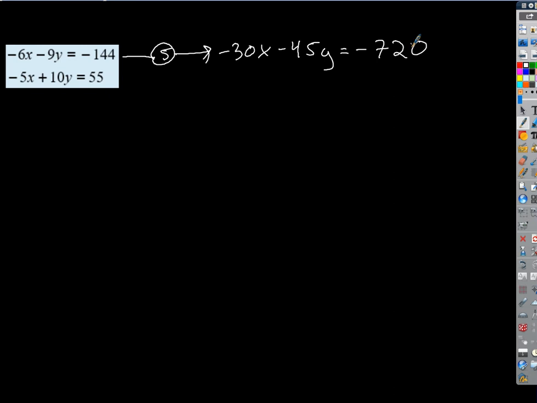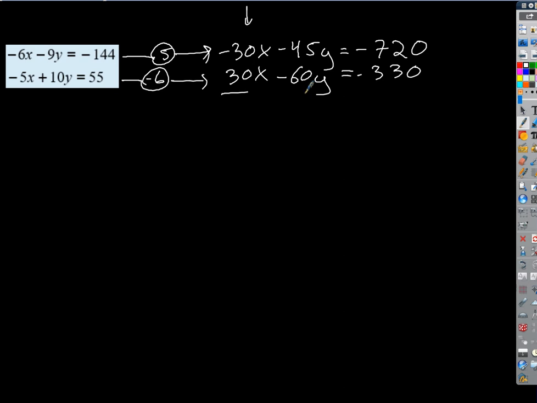So in order to eliminate x's, because you said x's is what we wanted to eliminate, what should we multiply the bottom equation through by? Negative 6. Okay. And that's going to give us what? 30x minus 60y and 330. Yeah, we started this one yesterday, didn't we?